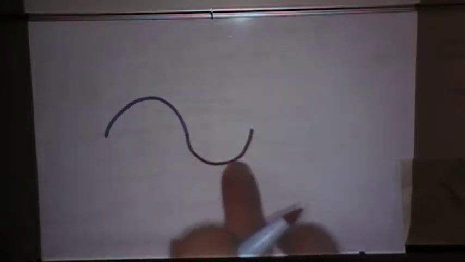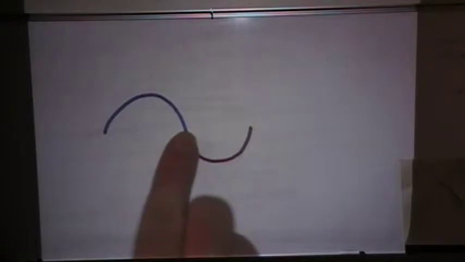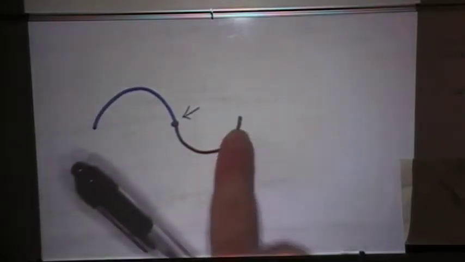It's up and then down. But this first piece is concave down, and the second piece is concave up. The point where the two meet, where it switches from being concave down to concave up, or vice versa, that is called a point of inflection.